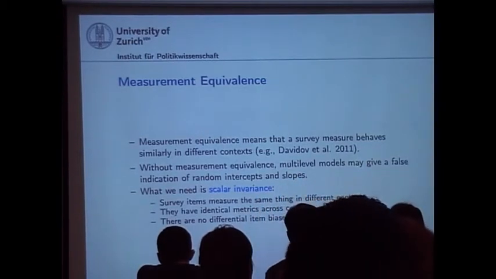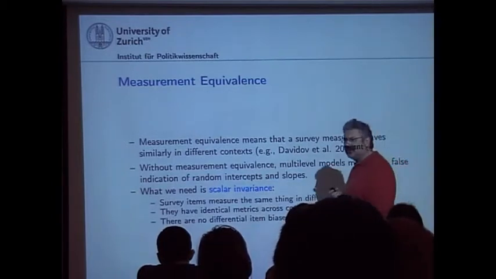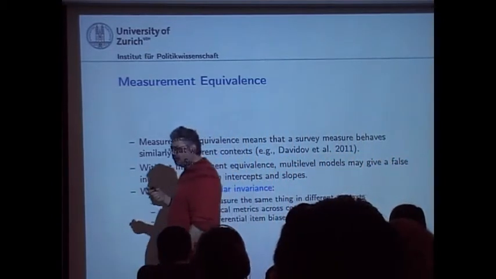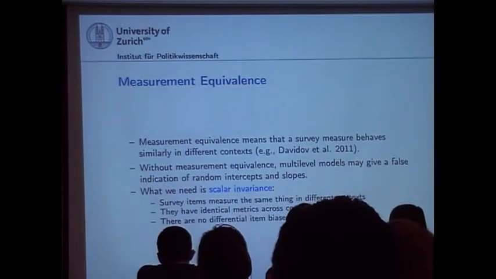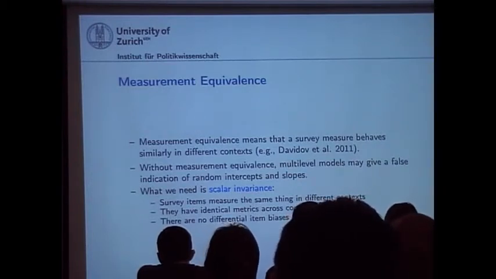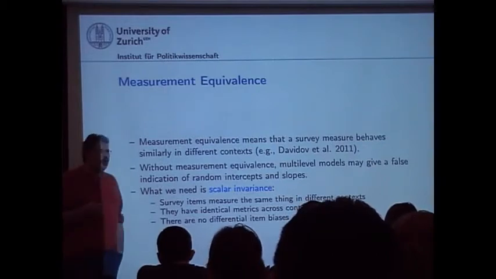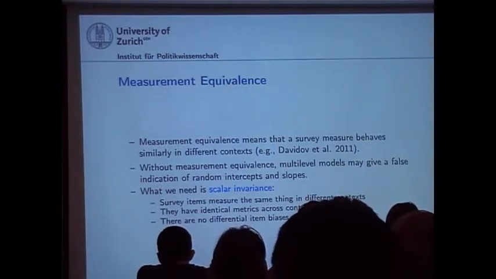What we want to establish is that our measurement instrument really behaves the same way in the different level 2 units that we're studying. We need to have measurement equivalence. Without that equivalence, it's actually possible again to get false readings of random variation in the intercepts and slopes.